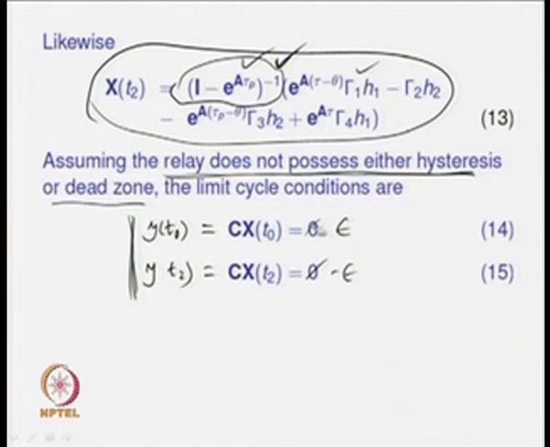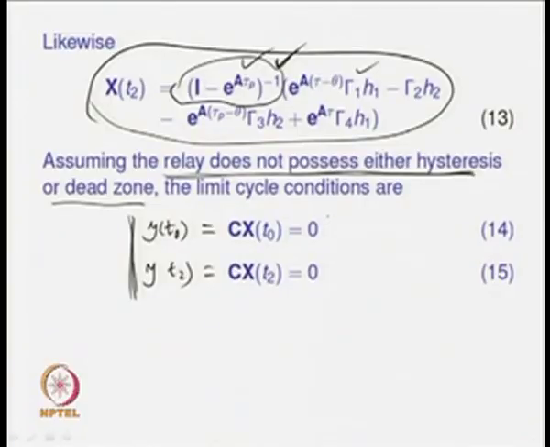So finally, we get two important expressions as far as the initial conditions or the state equations at time t equal to t0 and t equal to t2 are concerned: y(t0) equal to C x(t0) equal to 0, and y(t2) equal to C x(t2) equal to 0. Now, when the x(t0) and x(t2) expressions are put, what form of expressions do we get?